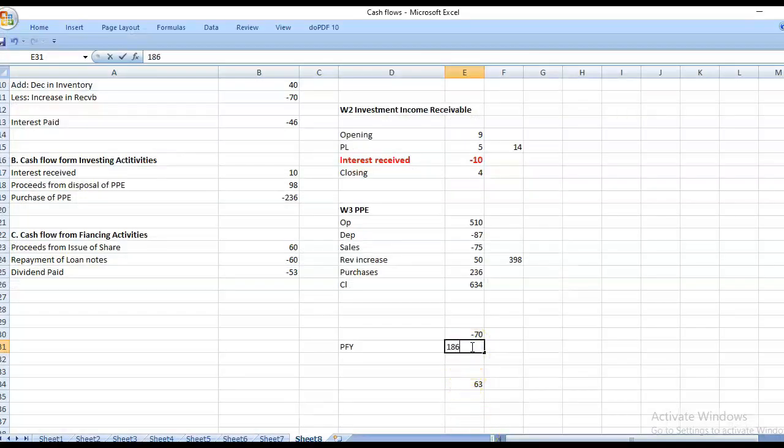So negative 70 and 186, when you accumulate the profit year on year, you're getting a figure of 116. However, closing only shows 63. This is definitely because you have made a dividend payment. That's how your retained earnings would decrease, right? The examiner had given you clearly in the notes what the dividend paid figure was. Negative 53, it was given in the note. But just in case it's not given, this is how you derive it.